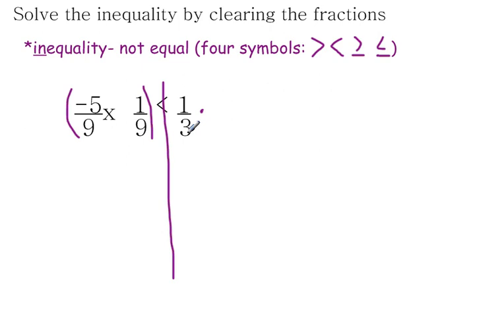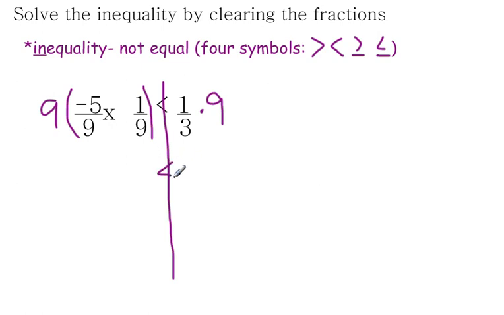So I want to use maybe 27, because 3 would go into 27 and 9 would go into 27. But there's something I could use that would be even smaller, and that would be 9. 3 goes into 9, and 9 goes into 9. So I'm trying to use the least common multiple.